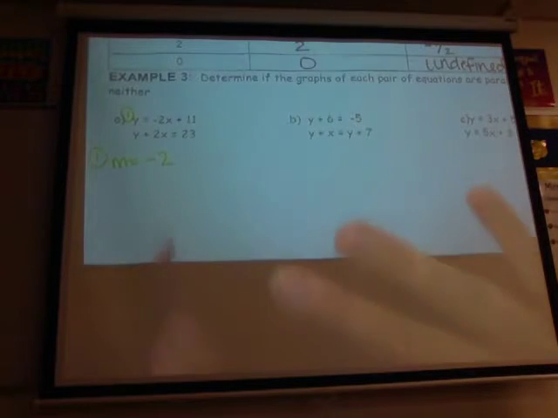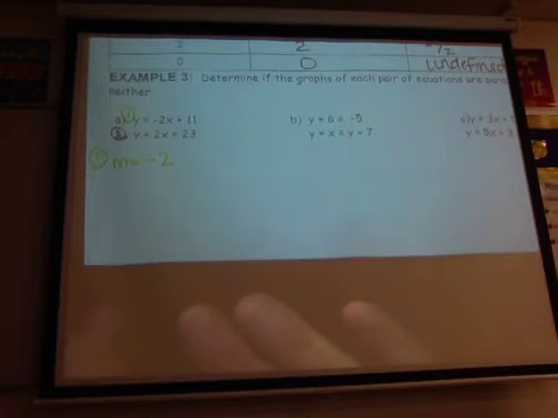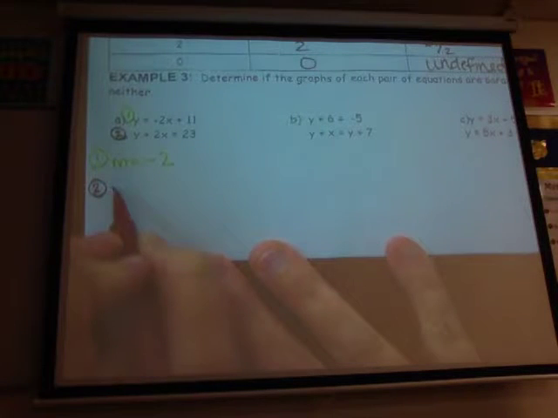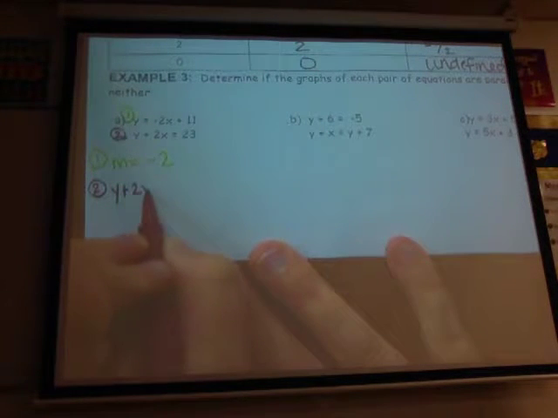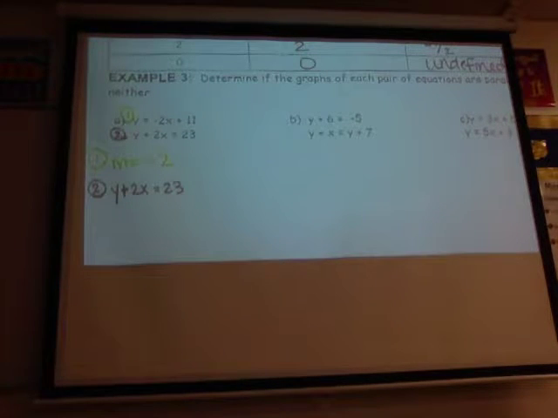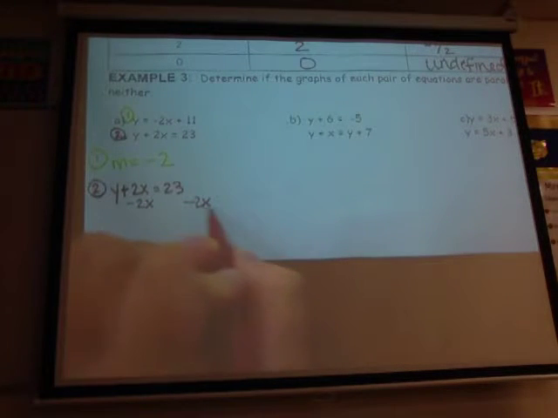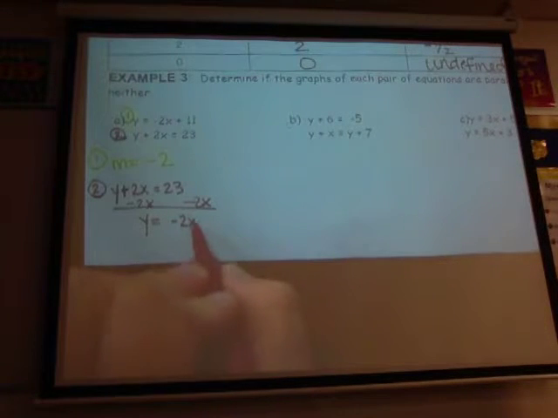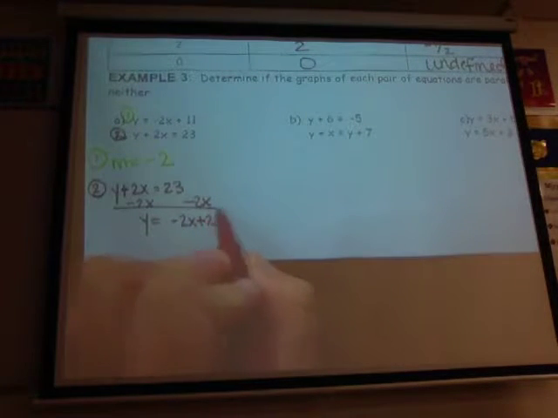Alright, what about number 2? y plus 2x equals 23. Is that solved? No. So we're going to solve that for y. What's the first thing I need to do? Subtract 2x. So that's going to be y equals negative 2x plus 23.